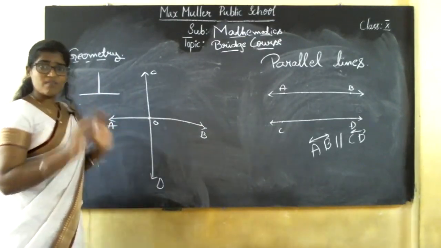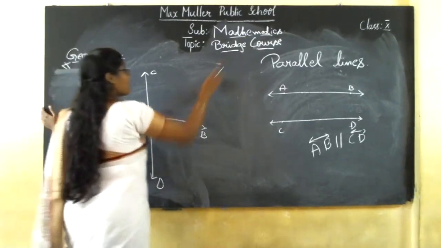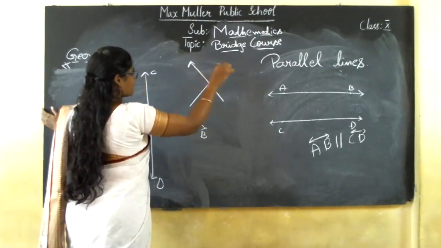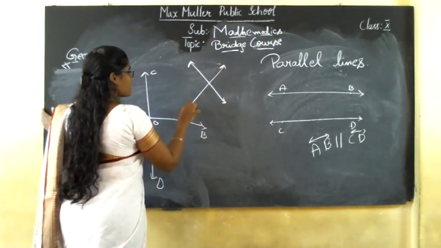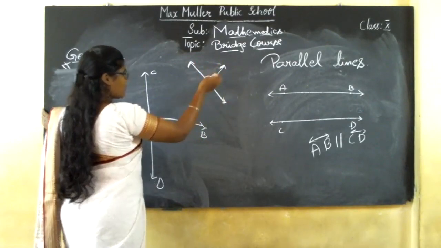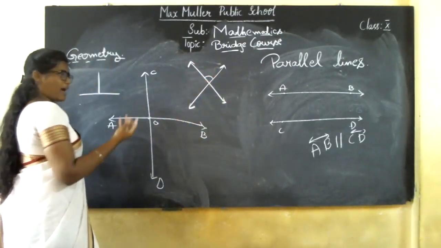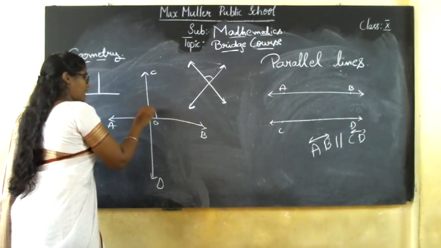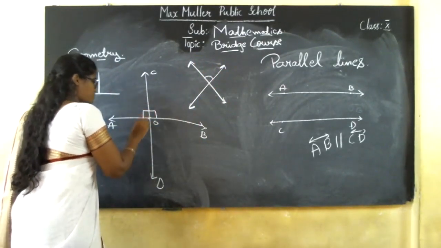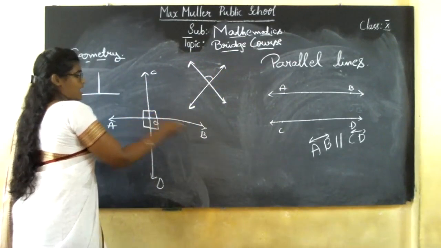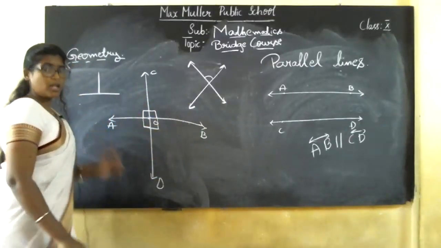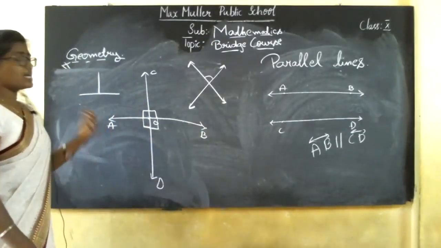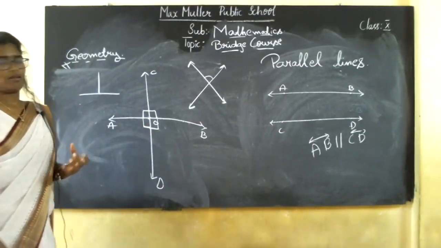Intersecting lines never make a 90 degree angle. Here it might have any angle. But if it is making an angle of 90 degrees from wherever you measure, then you can say it is a perpendicular line.